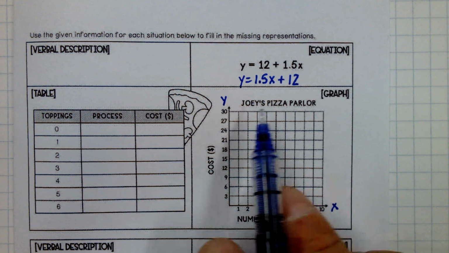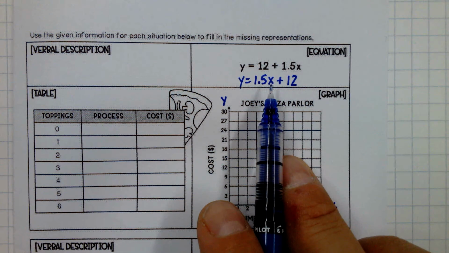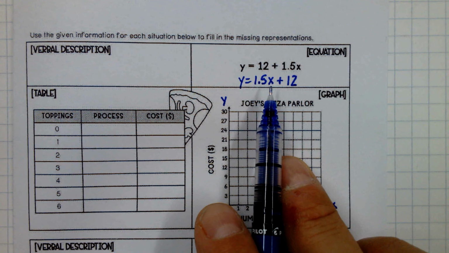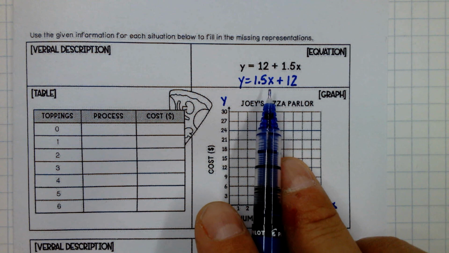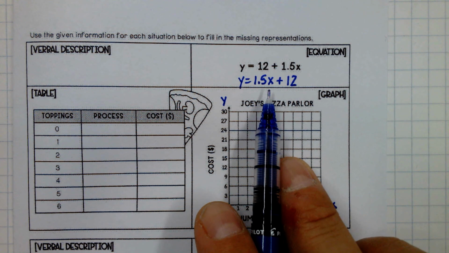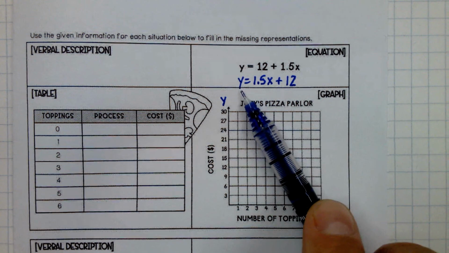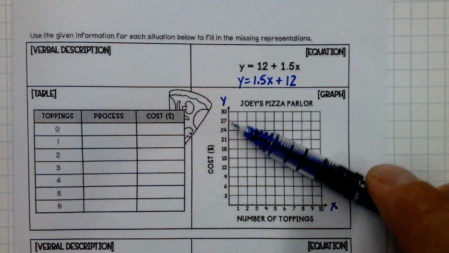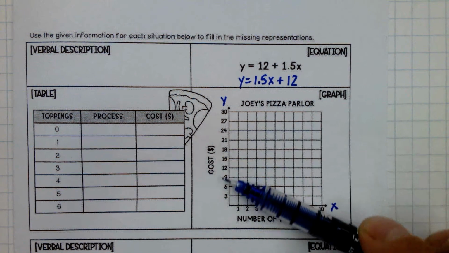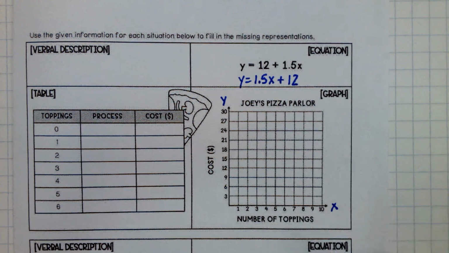All right, so let's see. It says x number of toppings. So x represents, well, maybe it's not 1.5 toppings, but it is related to that. Okay, so x is the number of toppings. I got that from the graph. What does y represent? The cost. You see how I'm getting that? I'm looking at the graph.